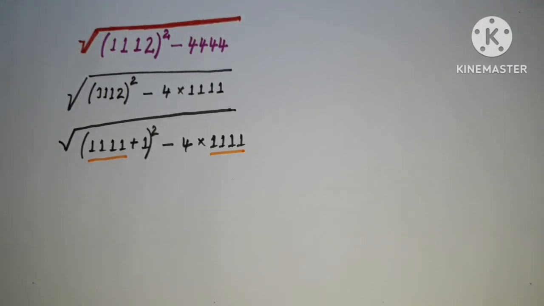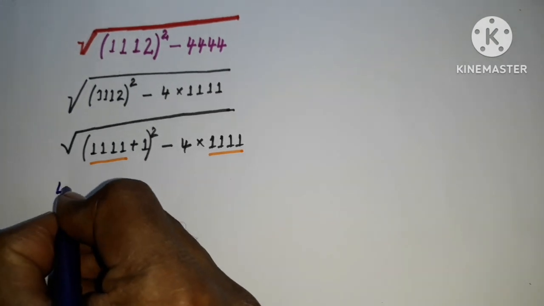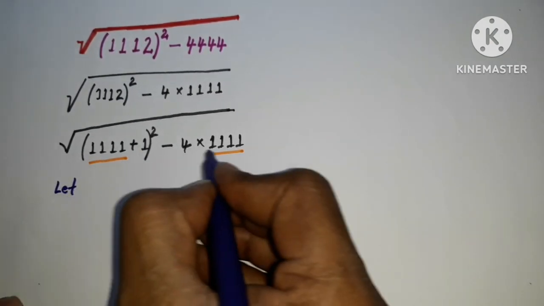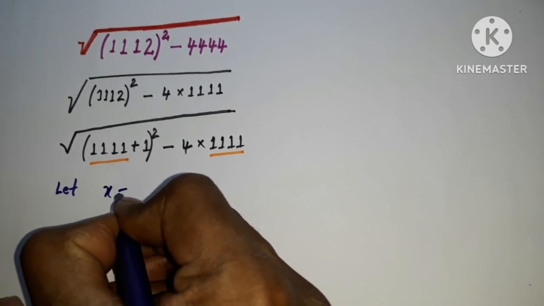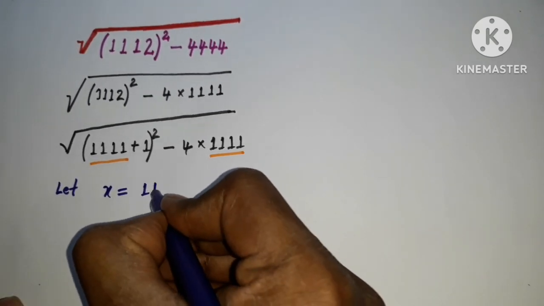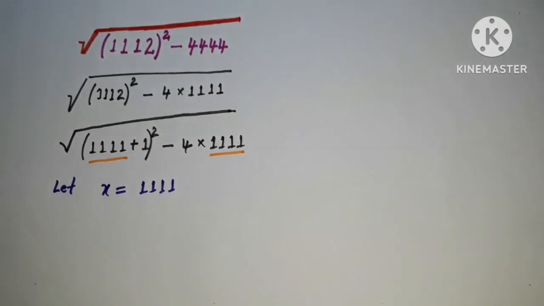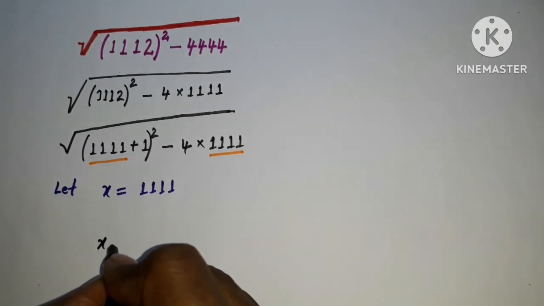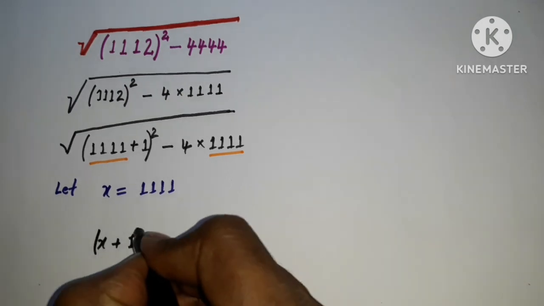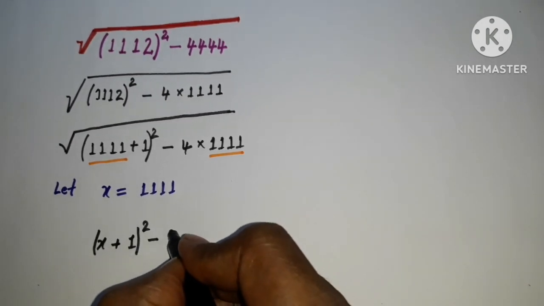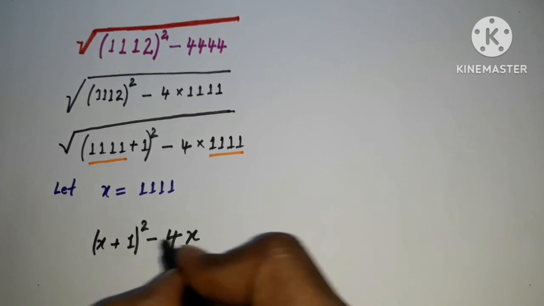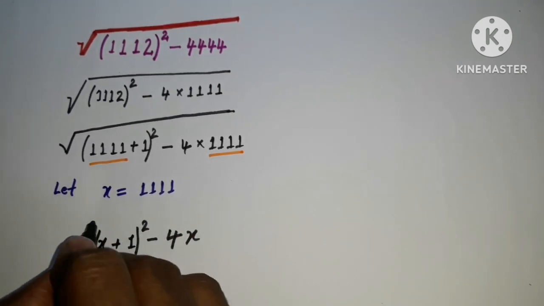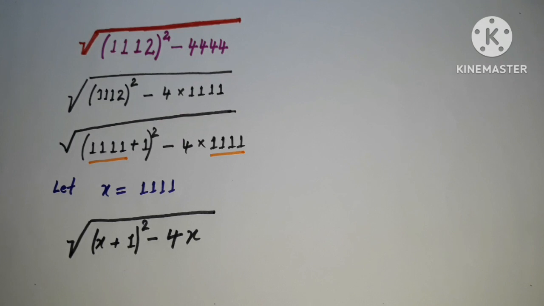So we are just going to take that common, and that's why I'm taking this one as x. Let x equal 1111. This can be simplified in this way: we can put here (x plus 1) whole square minus 4 times x, and that is inside our root. In this way we can write.